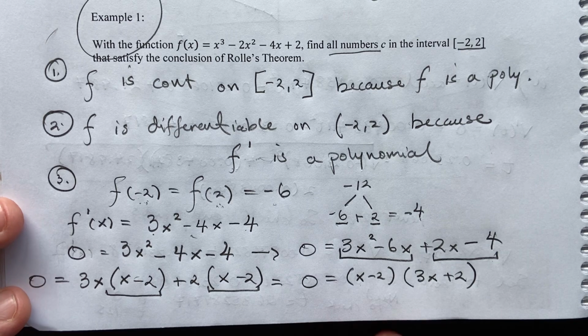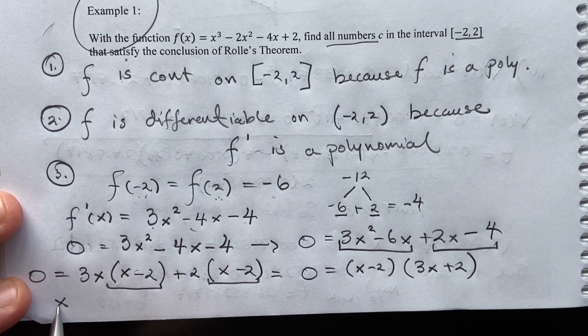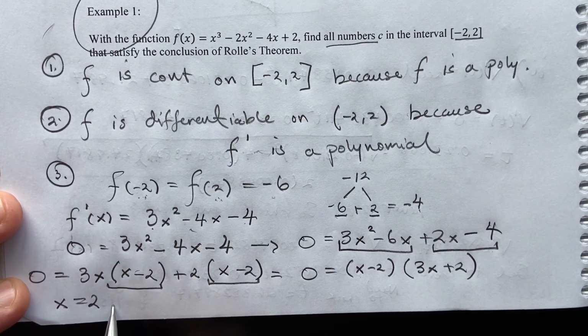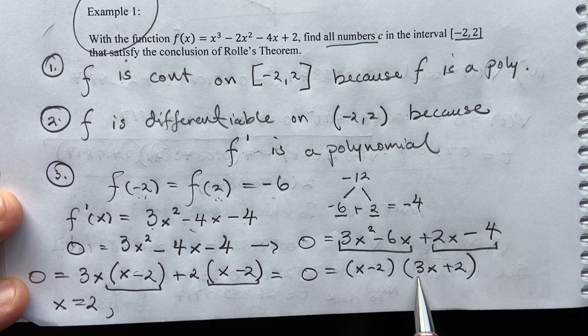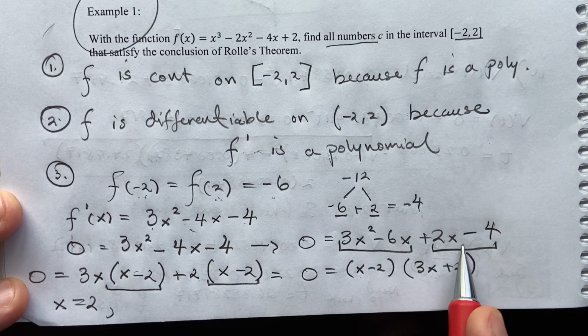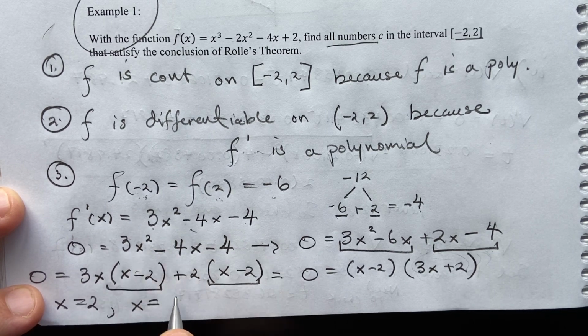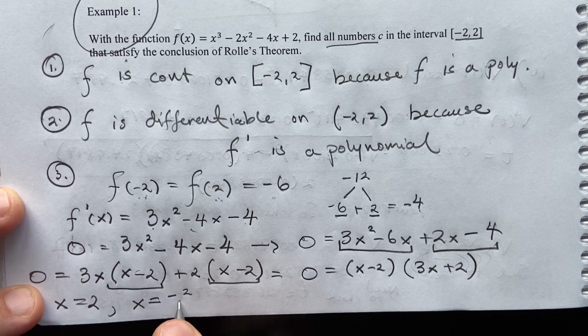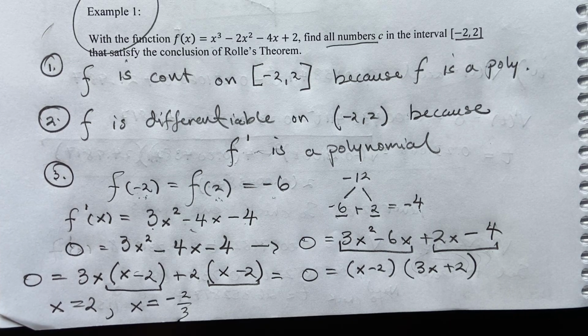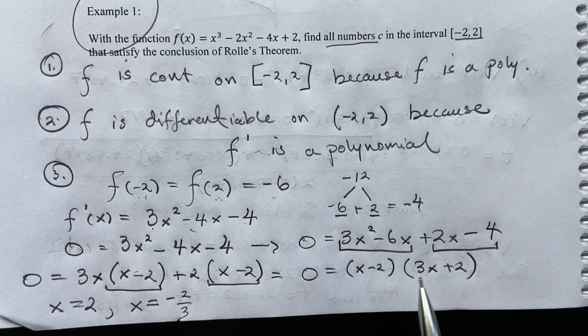So I'll have x equals 2 as a possibility. And if I think of the other factor being set to 0, I'd have x equals negative 2/3 as a solution. Setting both of these to 0 and solving, we get these.